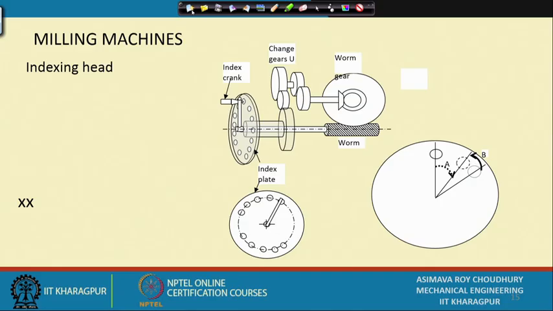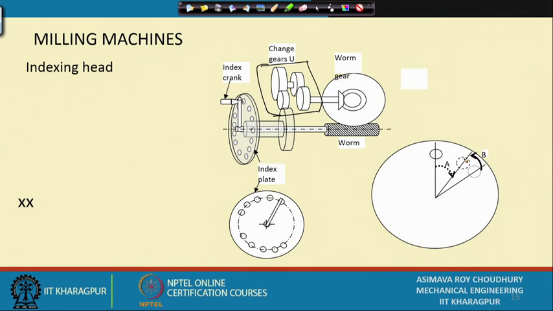So, if we implement a change gear ratio here of 4 by 7, this will make sure that the index plate will rotate back in such a way that fractional rotations of 1 by 71 will be possible, and once that is possible, cutting a 71 teeth gear will not be a problem at all.